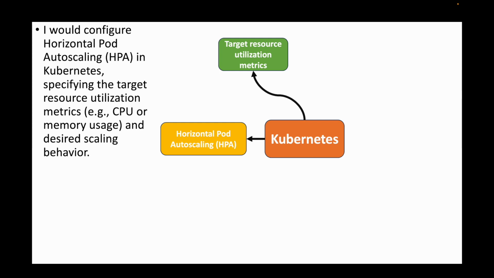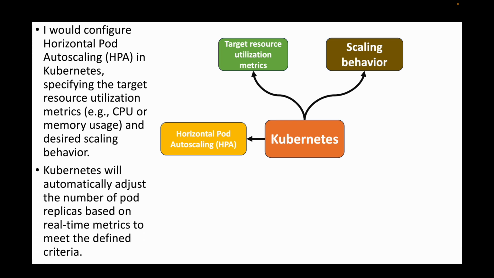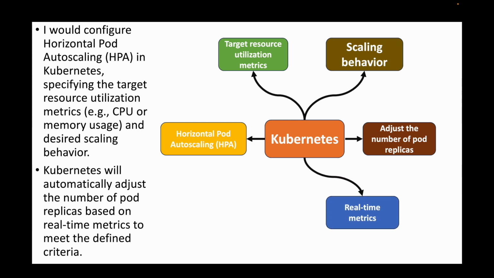We can define that. It could be your CPU utilization, it could be your memory utilization. So basically, what is the behavior on which the scaling needs to happen? We can define that. Using these metrics, Kubernetes will automatically adjust the number of pod replicas that are running based on the real-time metric.